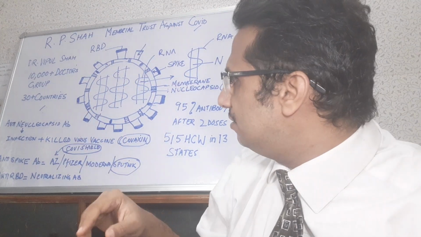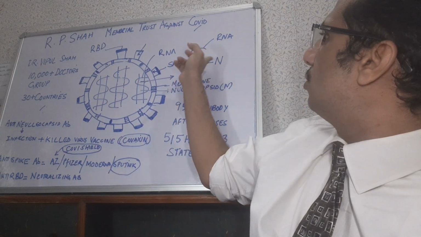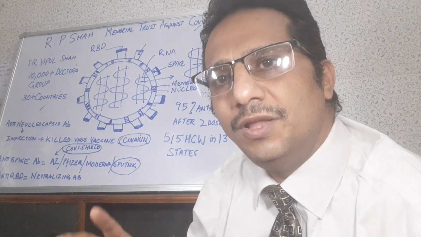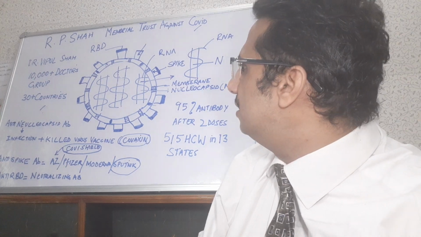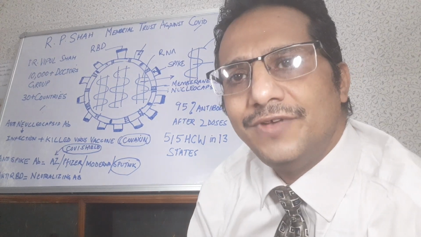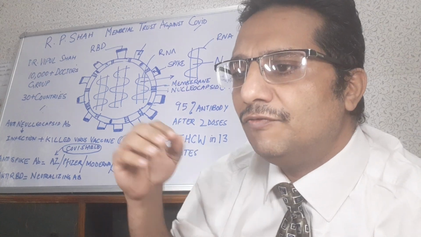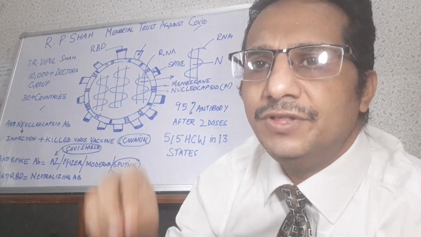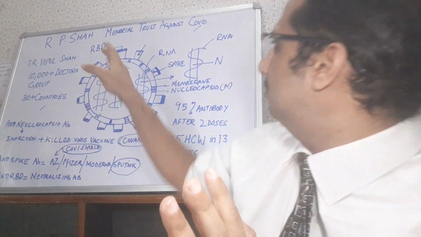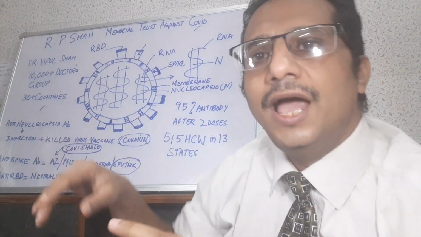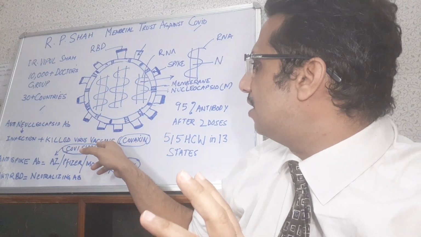The other way this nucleocapsid protein can be found in the body is when you have a killed virus vaccine. During making of a killed virus vaccine, the virus is treated with chemicals. The virus membrane breaks, and those nucleocapsids are found.